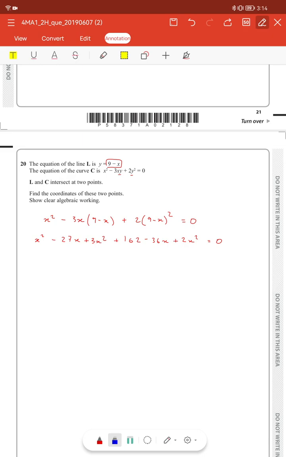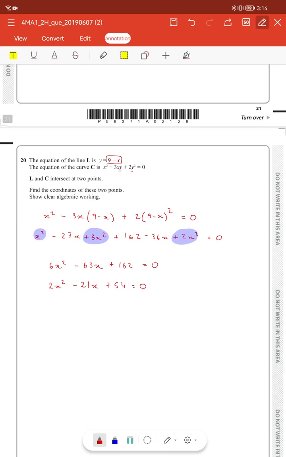So if we collect all of our like terms, we have x squared plus 3x squared plus 2x squared. That will give us 6x squared minus 27 minus 36x is minus 63x plus 162 is equal to 0. And we can divide everything by 3, which would give us 2x squared minus 21x plus 54 equals 0.